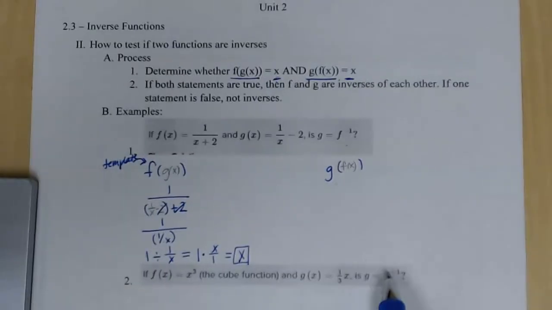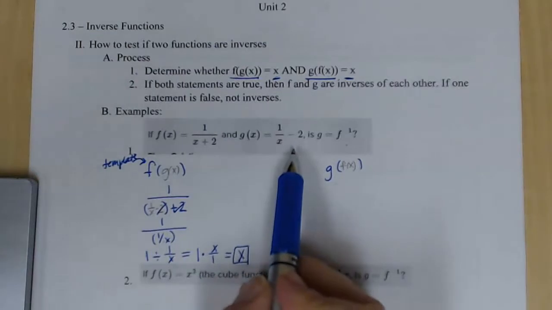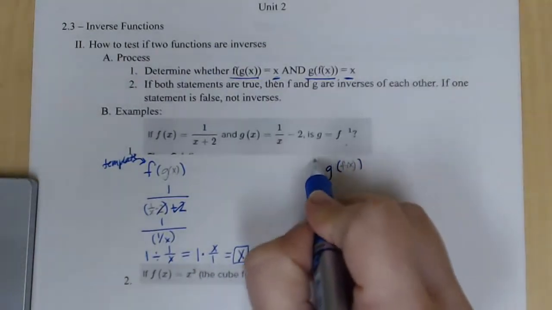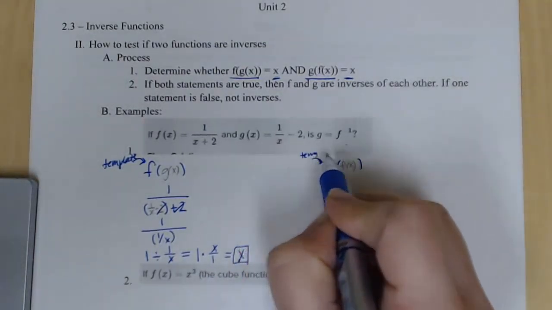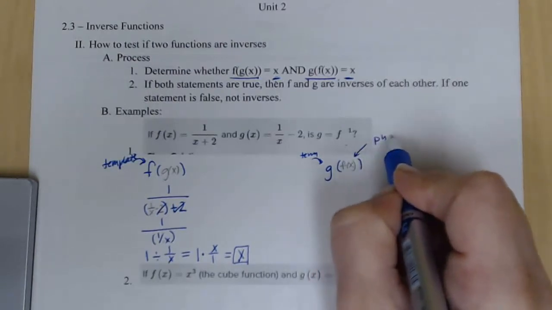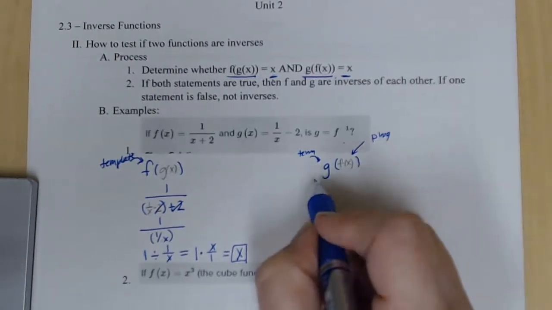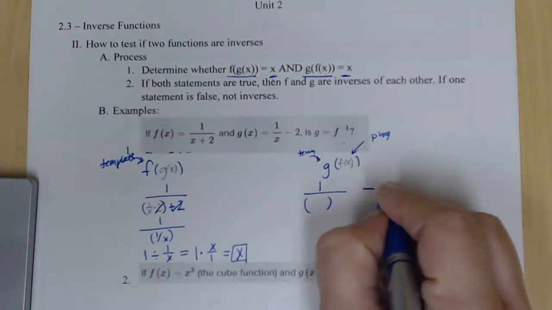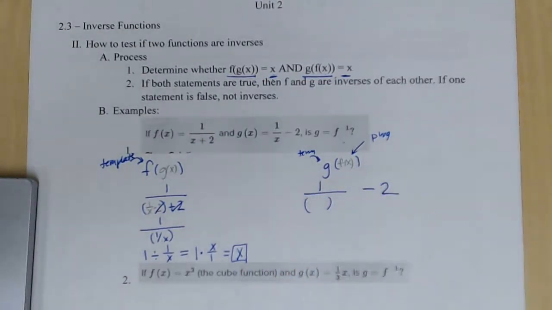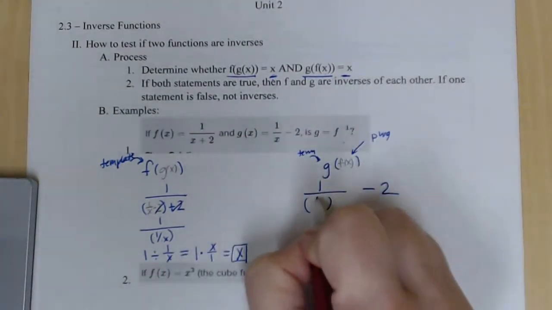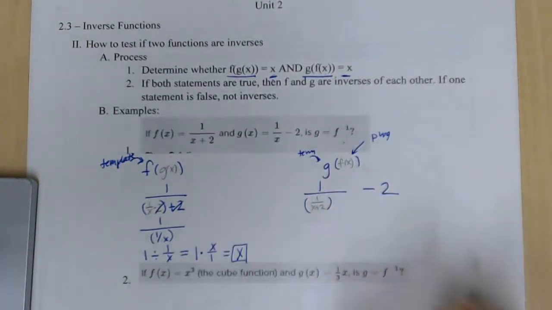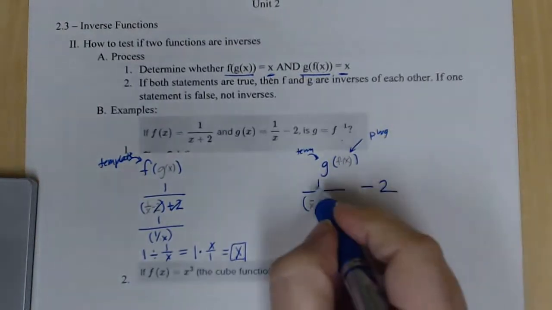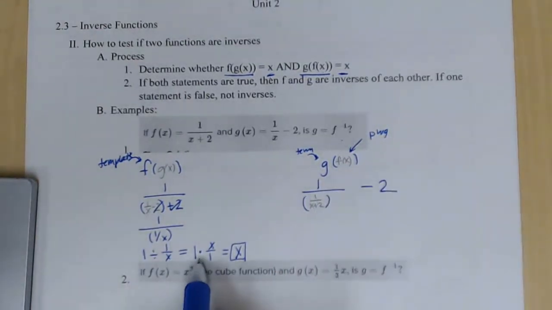If we can get this one to give us x, then we know these two are inverses of each other. So again, g is your template, f is what you're plugging in. And so I'm going to say g, so there's my g, it's 1 over something minus 2. What I'm plugging in is my f function, so that's 1 over x plus 2. Again, this is 1 divided by this, so I'm going to keep it, change it, flip it.